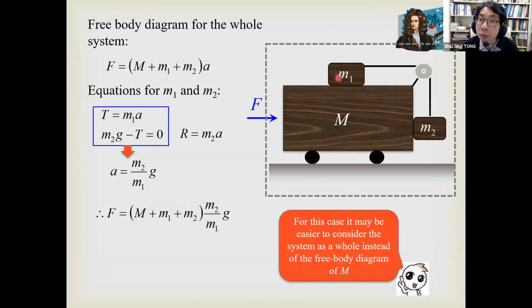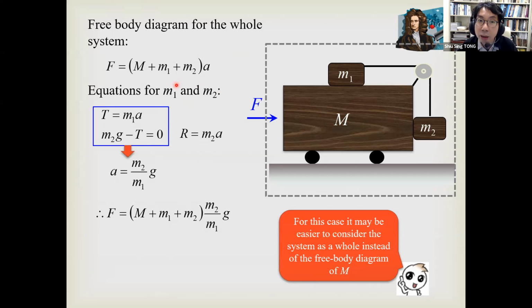You might be tempted to isolate these bodies and draw the free body diagram for each of the bodies, even for the trolley, but that may not be a good idea because the interaction between the trolley and the two blocks is actually very complicated, and that may confuse you.